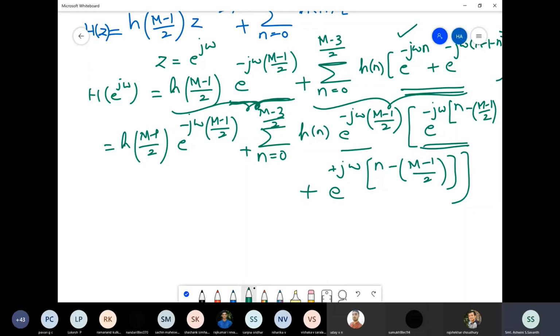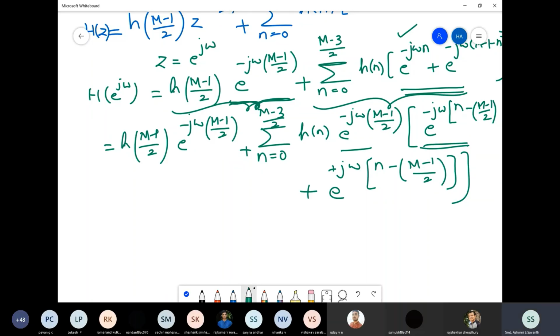So you can just multiply it back and check if you're getting the previous term, which you're going to get. e power j omega n you will get, and m minus 1 by 2 with a negative sign, which will become minus of m minus 1. So you're going to get back the previous term.